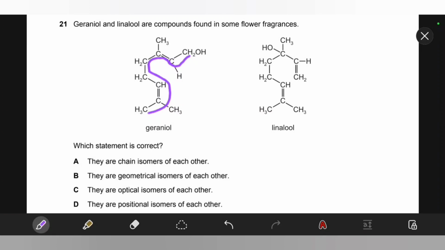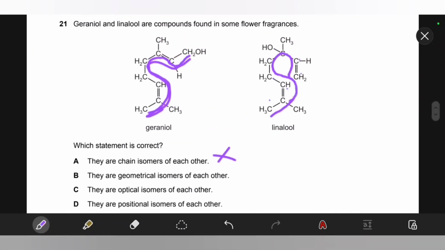This is the longest chain in this one, and this is the longest chain. 1, 2, 3, 4, 5, 6, 7, 8. 8 carbon atoms chain, and 1, 2, 3, 4, 5, 6, 7, 8. So the chains are not different, so they are not chain isomers.